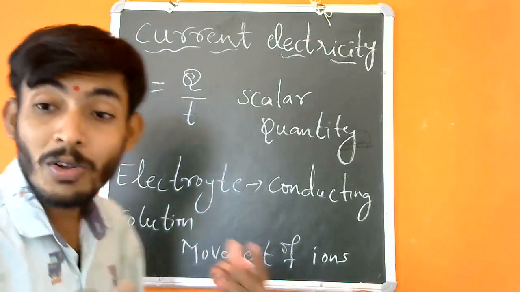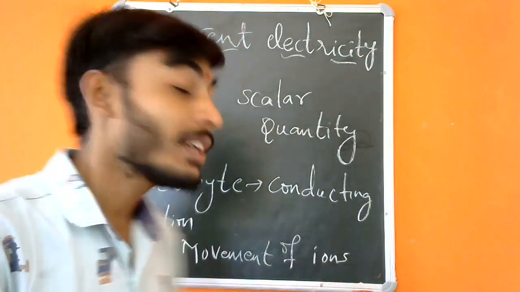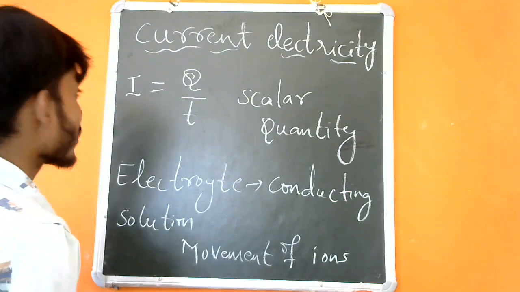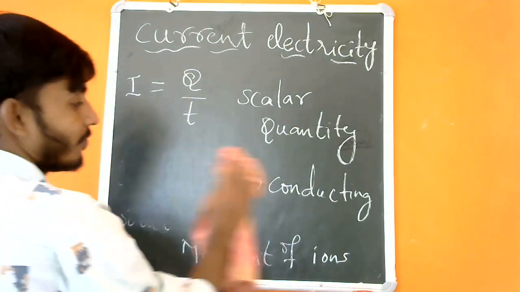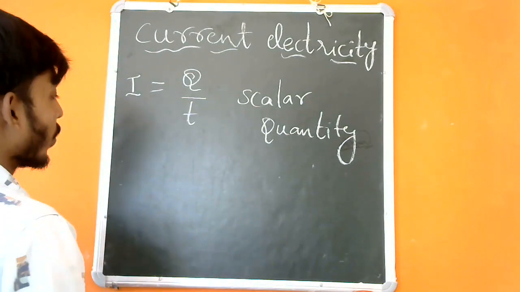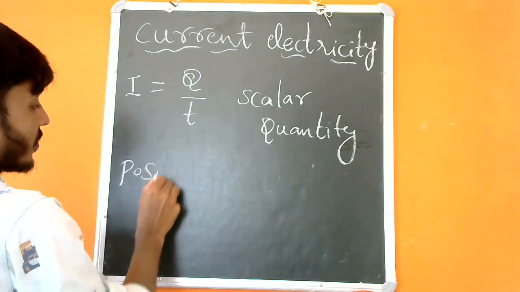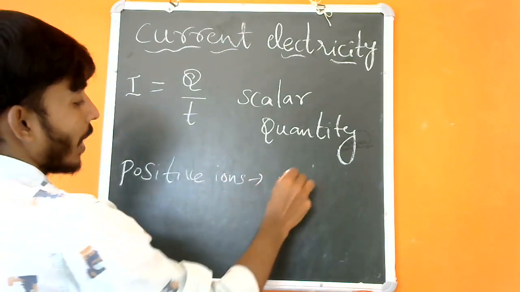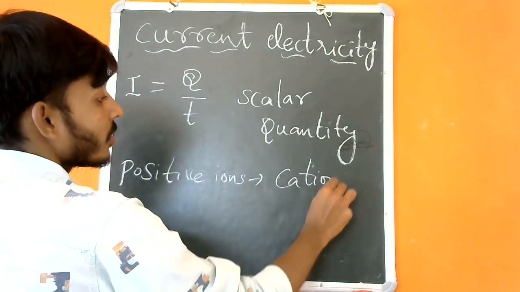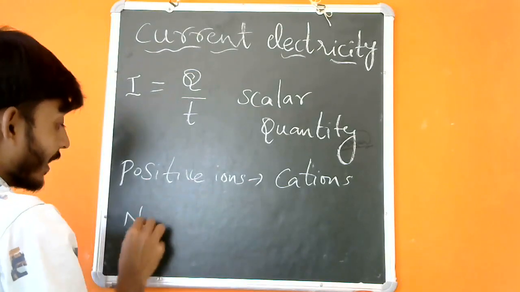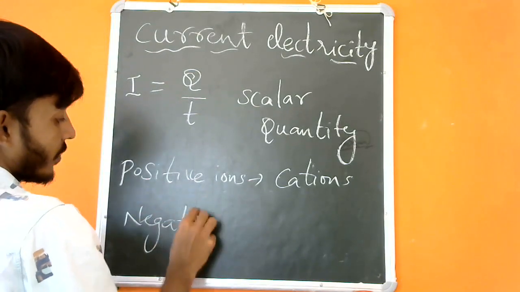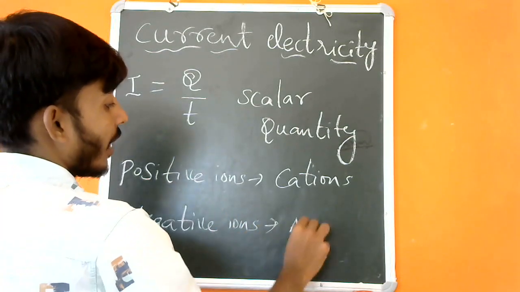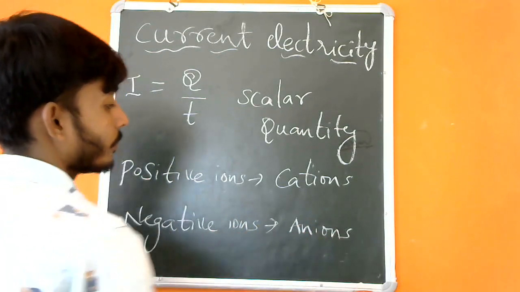We have positive ions and negative ions. Positive ions are known as cations and negative ions are known as anions.